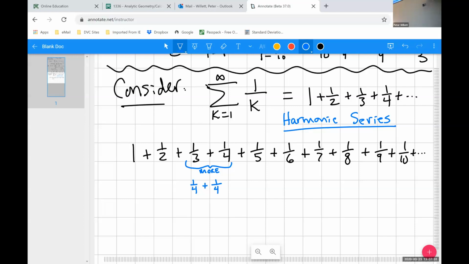So now in a similar way, I'm going to look at the next 4 numbers as a group. The first 3 of these, 1/5, 1/6, 1/7, are all more than the last one, which is 1/8. So these 4 as a total will be more than 1/8 added up 4 times, because the first 3 of the fractions are actually more than 1/8.